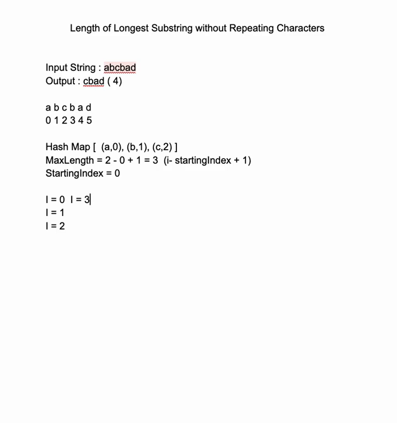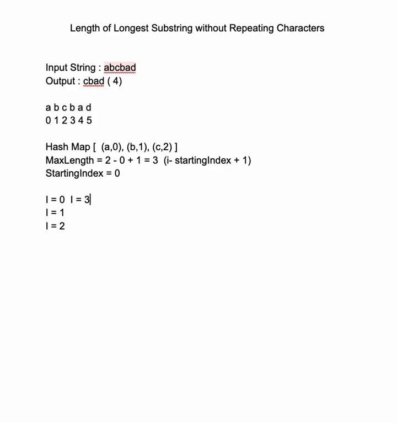So how do we get that? If we go and retrieve the character B value from the hash map, we would get it as 1, and the starting index should be nothing but 2. How do we get that?